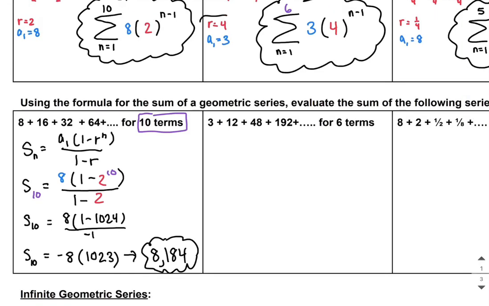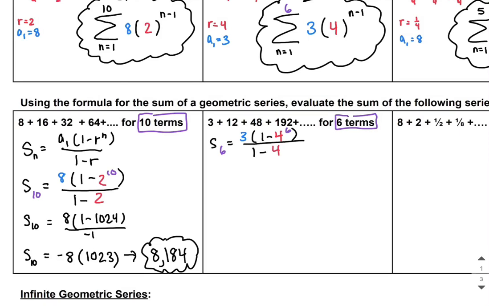For the next example, I have my important information up here. I'm plugging that into my formula. I already have the formula written here, so I'm not going to write it again. I'm adding the first 6 terms, so s sub 6 is equal to, I have my first term is 3, multiplying that by 1 minus 4 to the 6th power, and dividing by 1 minus 4.